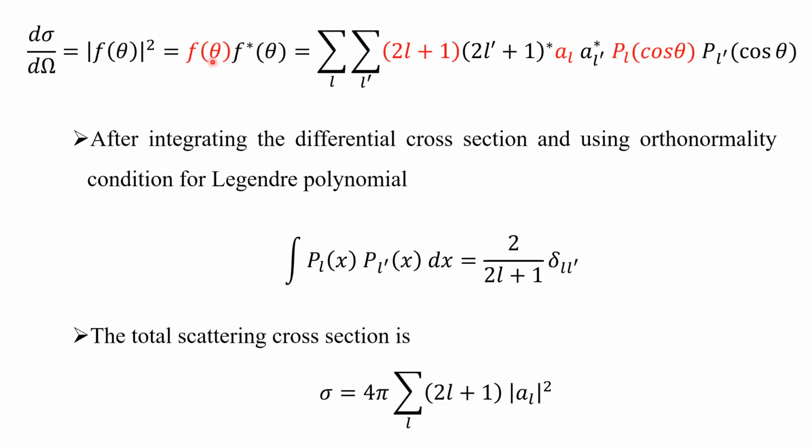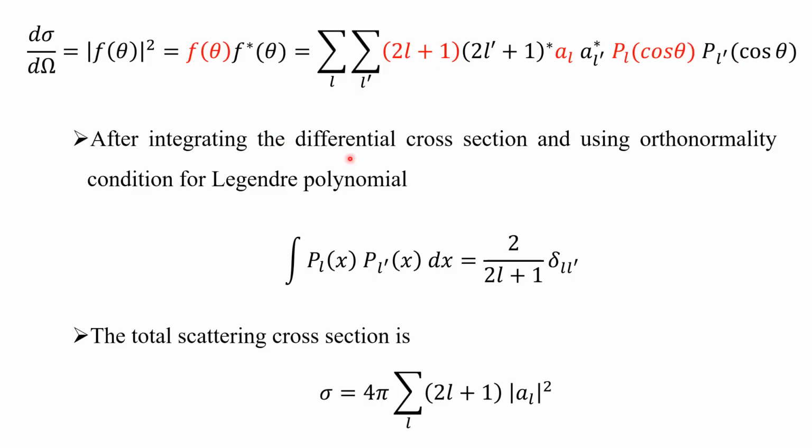So this can be written as f(θ) into f*(θ). f(θ) I have mentioned in the red color band, (2L+1) A_L P_L(cos θ), and f*(θ) is shown in the black color band, that is (2L'+1) complex conjugate, A_L' star, and P_L'(cos θ).